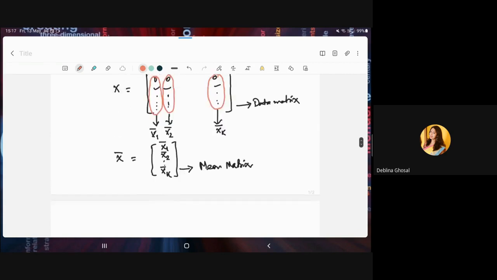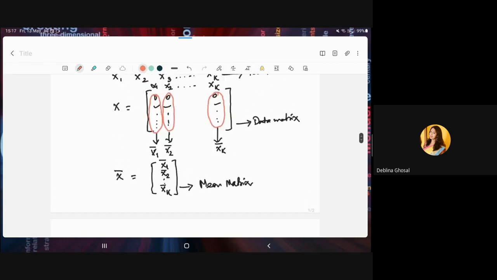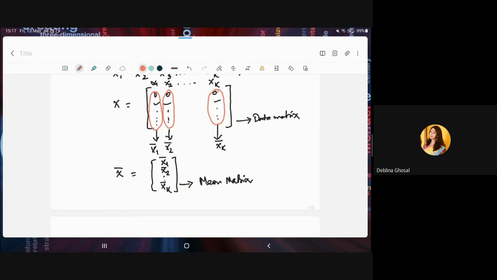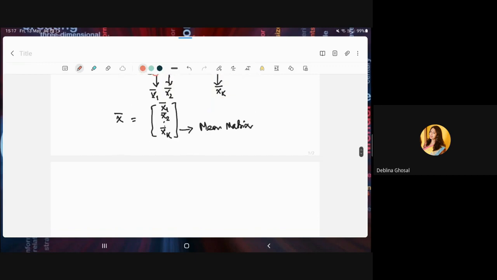If this is the original matrix, we know the formula of variance. Suppose it is the first variable, I write it as s11, or in some books it is written as s1 square, and the formula is 1 by n summation of (xj1 minus x1 bar) whole square. This is the formula of variance.